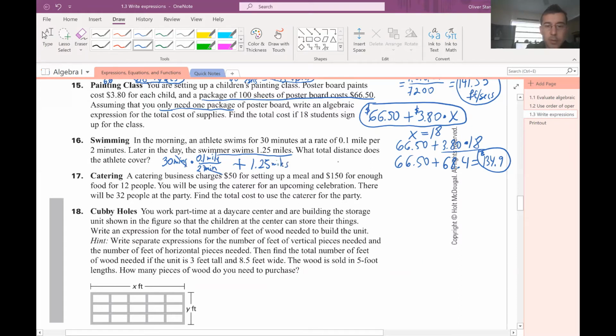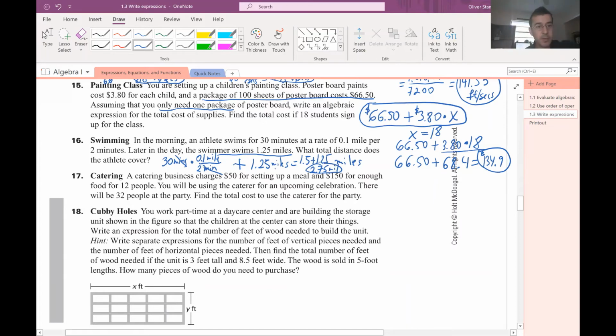So the total unit will be miles. So 30 times 0.1, you can do that in the calculator, but that is 3. And 3 divided by 2 is 1.5. So 1.5 plus 1.25 is 2.75. 2.75 miles is the final answer.